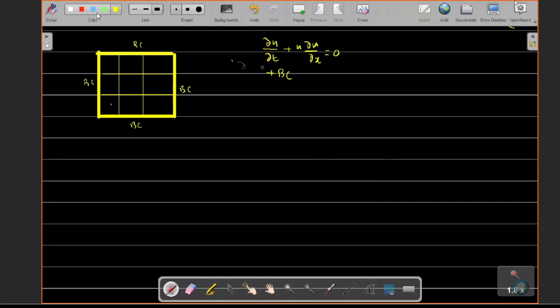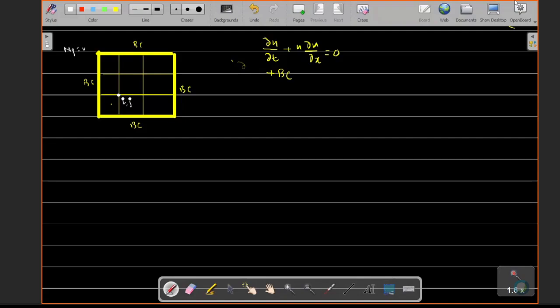Suppose we are talking about an ijk system, and suppose this is the ith node and jth node, i moving from 1 to nx, j moving from 1 to ny. Nx is the number of nodes in x direction, which is 4, and ny is the number of nodes in y direction. For every ij, we need to discretize.